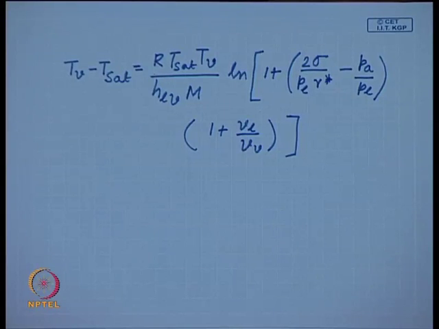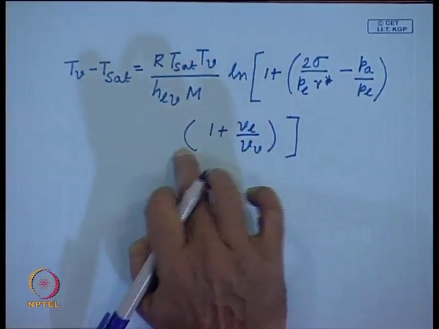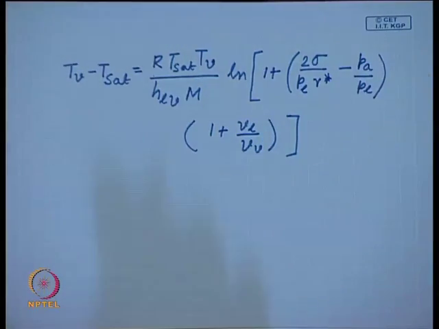Now, here one can again make certain simplifications. V L by V v is very small, so one can neglect it. And one can also neglect the dissolved gas term, supposing the quantity of dissolved gas is not much in the liquid.